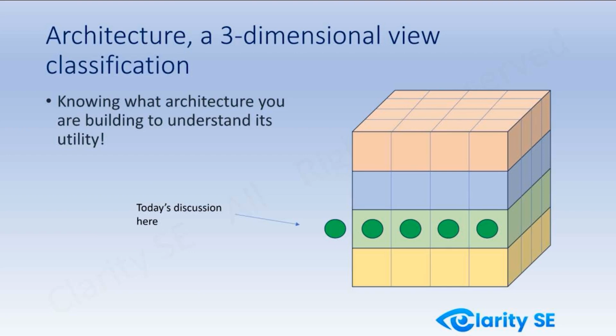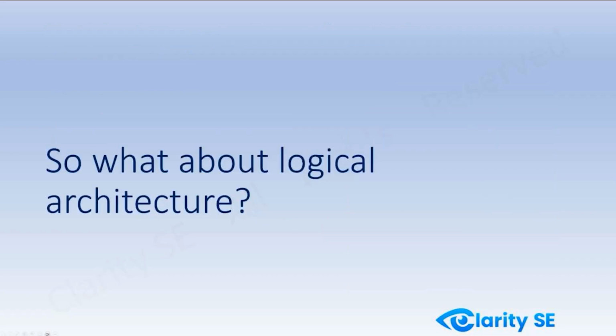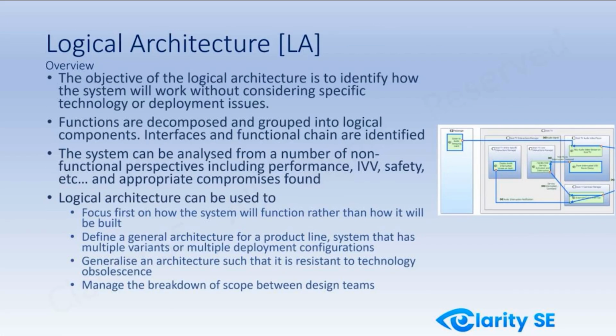So I'd like you to try and keep this in mind as we go through the different viewpoints, and hopefully it will help you decide how much information you're actually going to put in the logical architectures that you might wish to build.